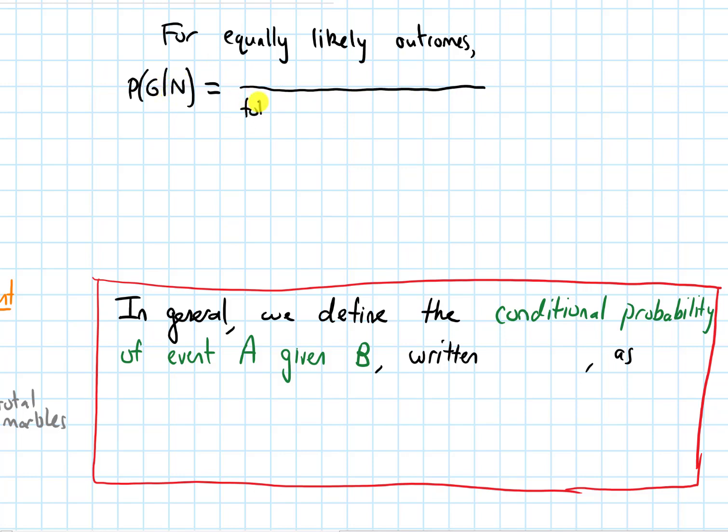So we're counting the total number of outcomes in N. And on the numerator, given that we're in that universe of N, we have a success if we happen to be in G as well. So in the numerator, we need to count the number of ways to be in G and N. In other words, the number of elements in both G and N.